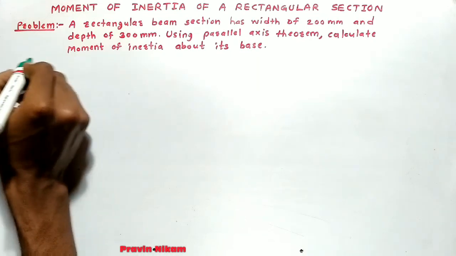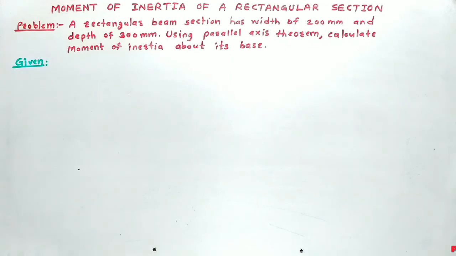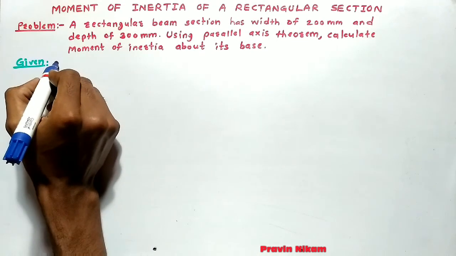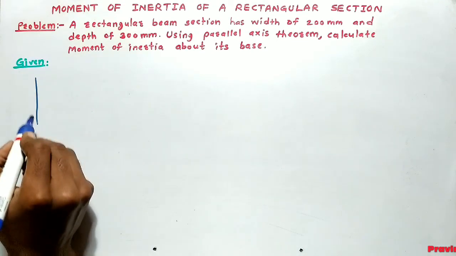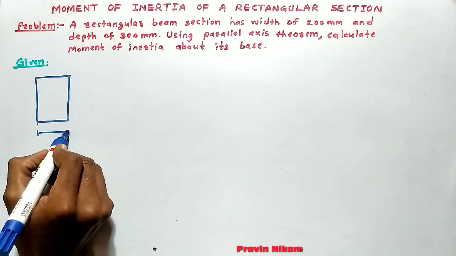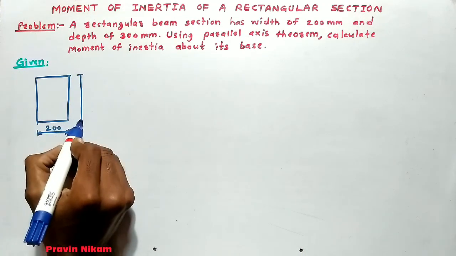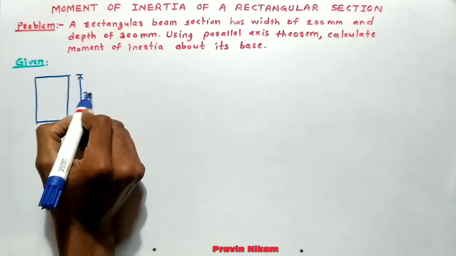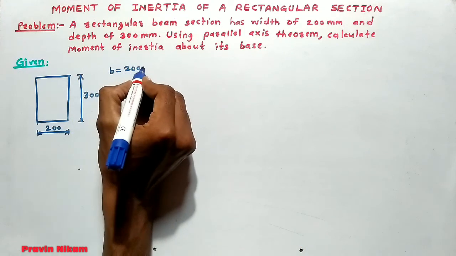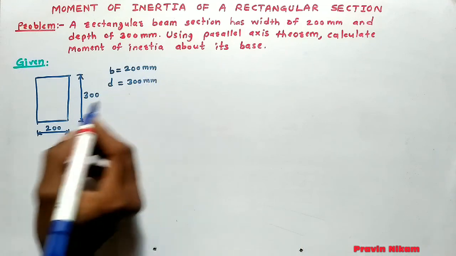Now first write down given. Rectangular section is there, so draw the rectangular section with width 200 mm and depth 300 mm, that is B is equal to 200 mm and D is equal to 300 mm.